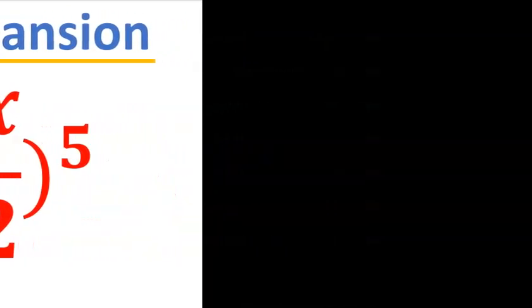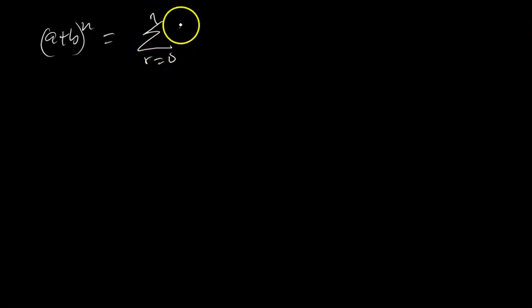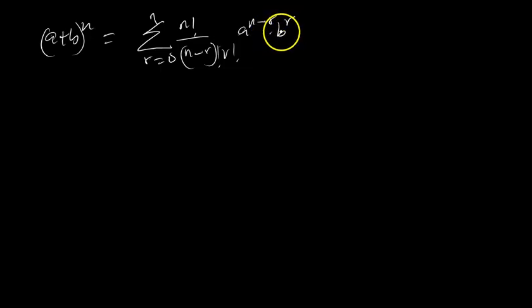In our last lesson, we saw that if you have (a + b) raised to power n, it equals the summation of, here is n, r equals 0, n factorial over (n minus r) factorial r factorial, a raised to power n minus r, b raised to power r.